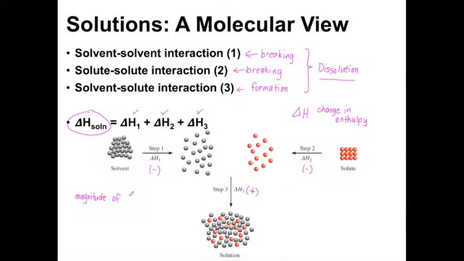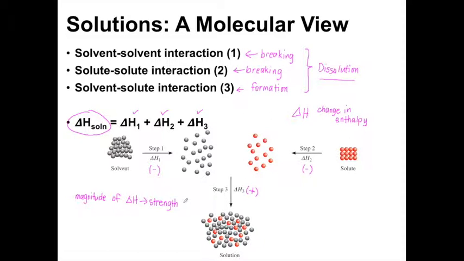So the sign tells us whether the process is breaking or formation of interactions, and the magnitude or the value of the delta H tells us of the strength of the interaction.